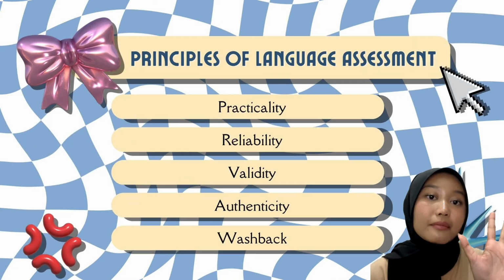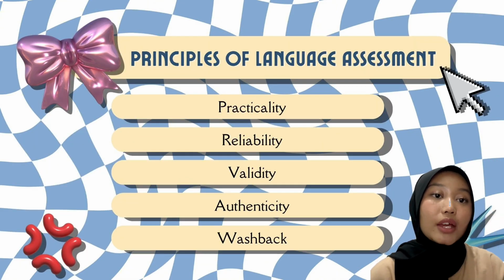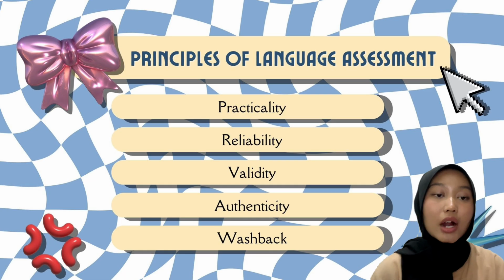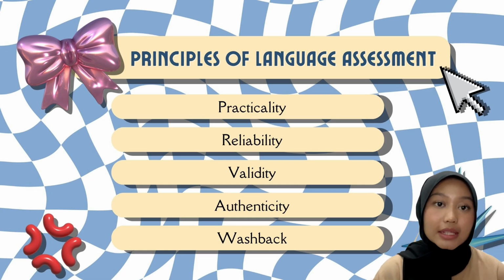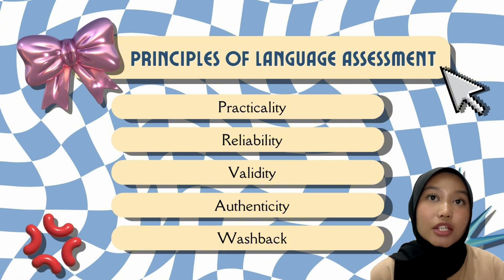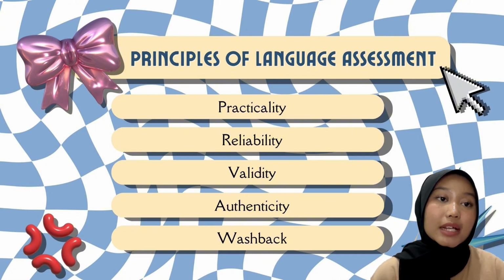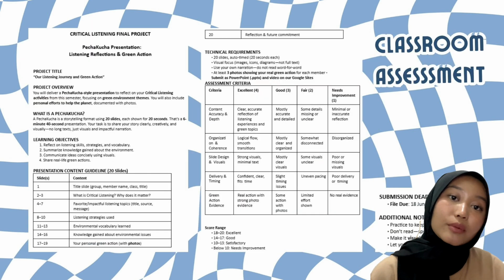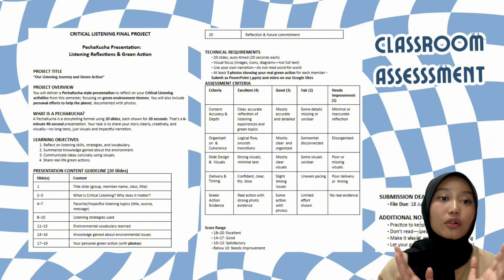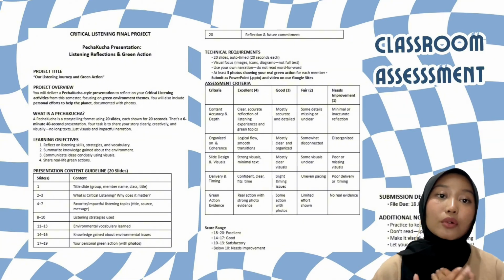There are five main principles of language assessment, which are practicality, reliability, validity, authenticity, and washback. Each of these principles gives us a standard to evaluate whether an assessment is well designed or not. So before we jump to each principle, here is the original classroom assessment that our group analyzes.